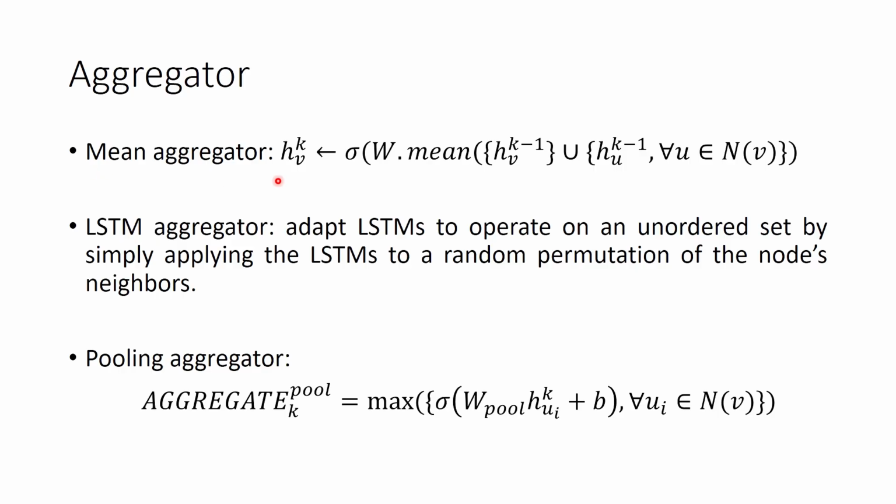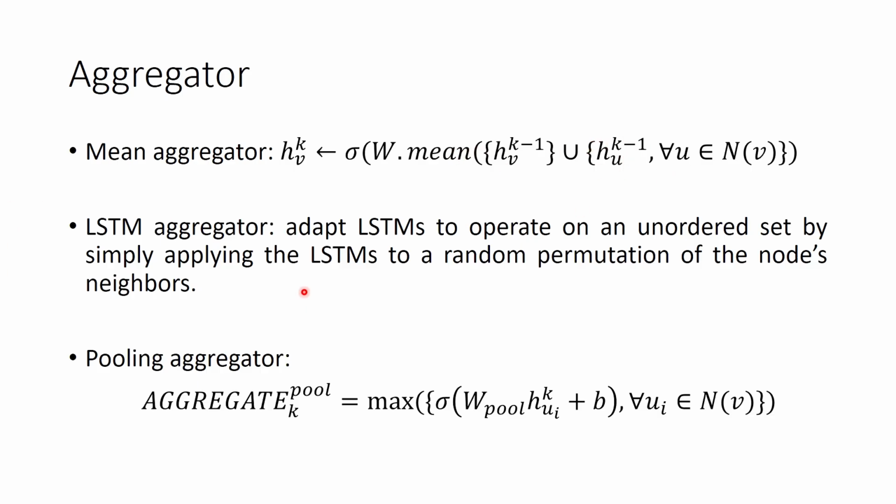First we take the mean aggregator, where our embedding for V at the kth aggregator will be sigma nonlinearity, W into mean of its previous embedding and its neighborhood nodes' previous embedding.